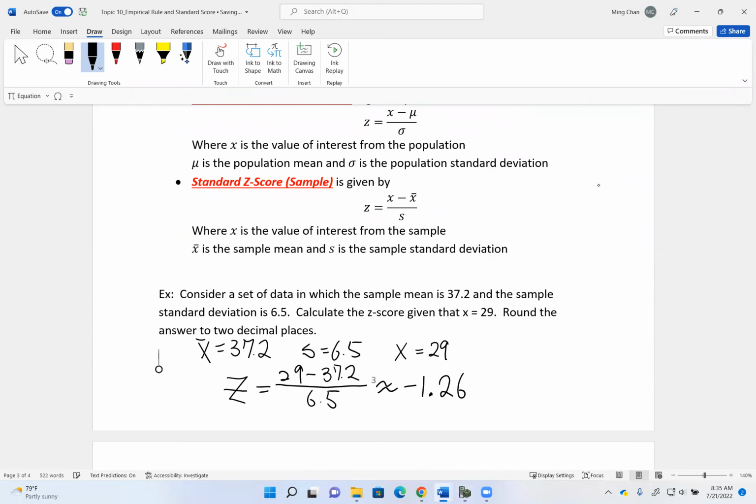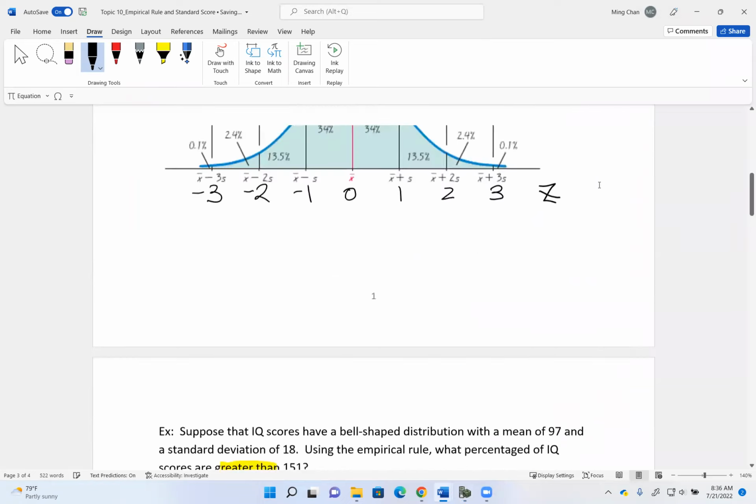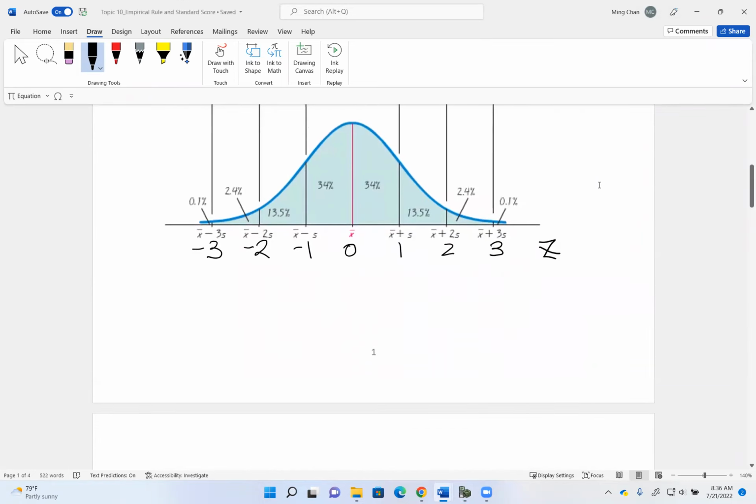So this number means 29 is 1.26 standard deviations below the mean. Negative 1.26 is just slightly beyond 1 standard deviation.